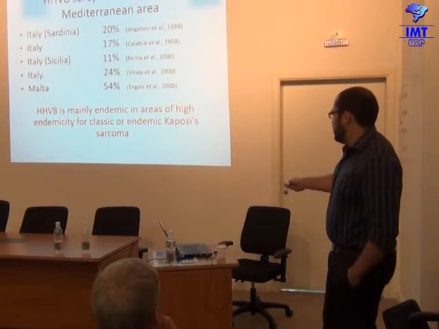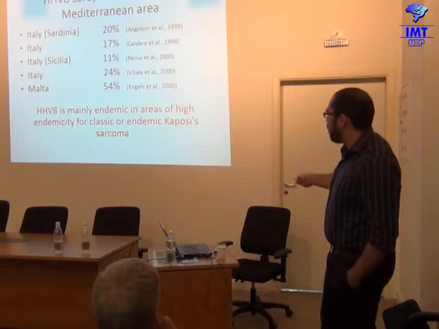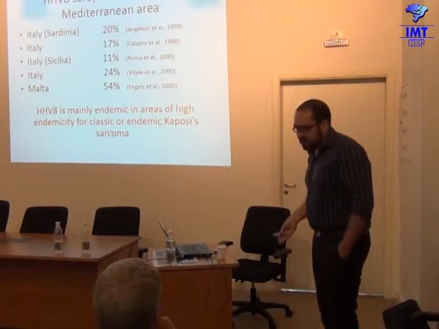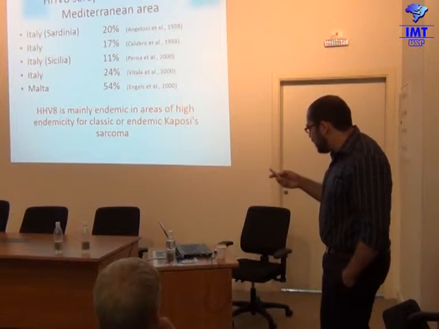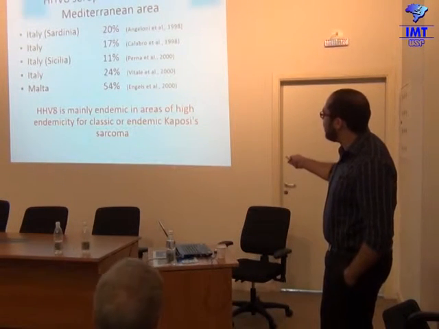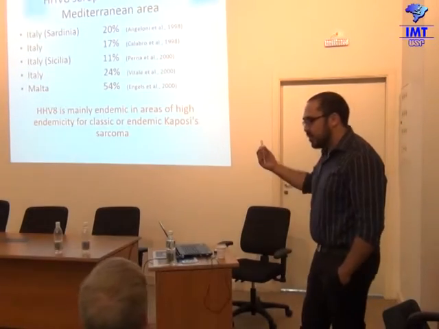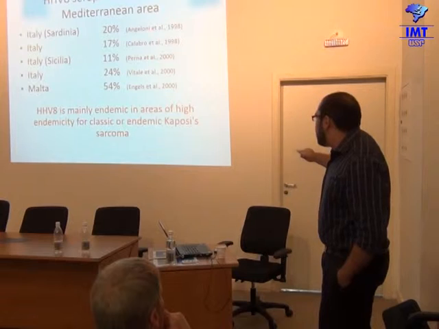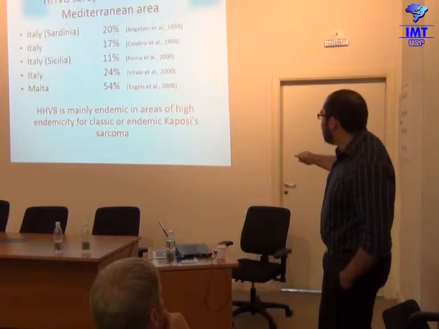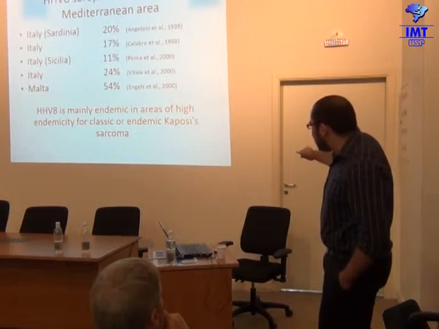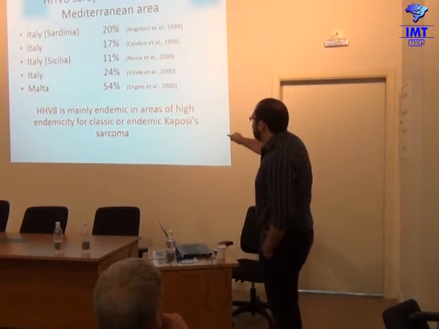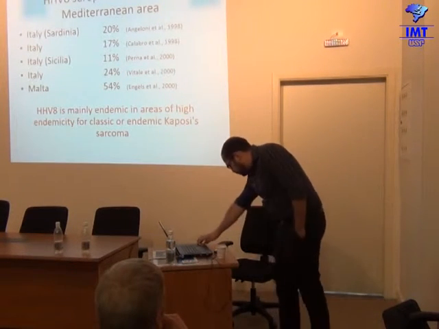But HHV8 is mainly endemic in areas of high endemicity for classic or endemic Kaposi sarcoma. For example, in the Mediterranean area, in Italy, especially South Italy, the rates range from 11% to 24%, especially on the islands, Sardinia and Sicilia.